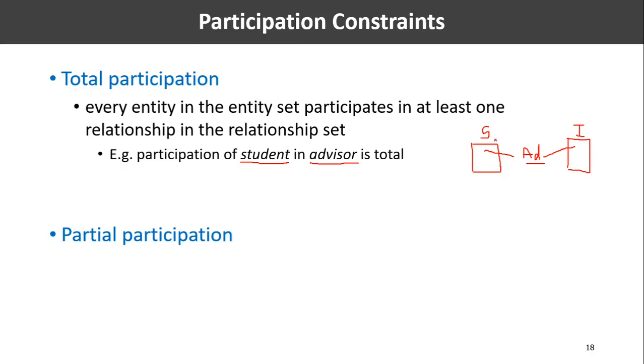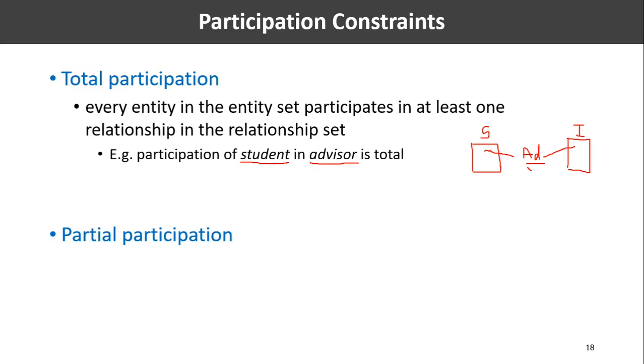Participation of student in the advisor relationship set is total, meaning every entity in the entity set is participating in at least one relationship in the relationship set.